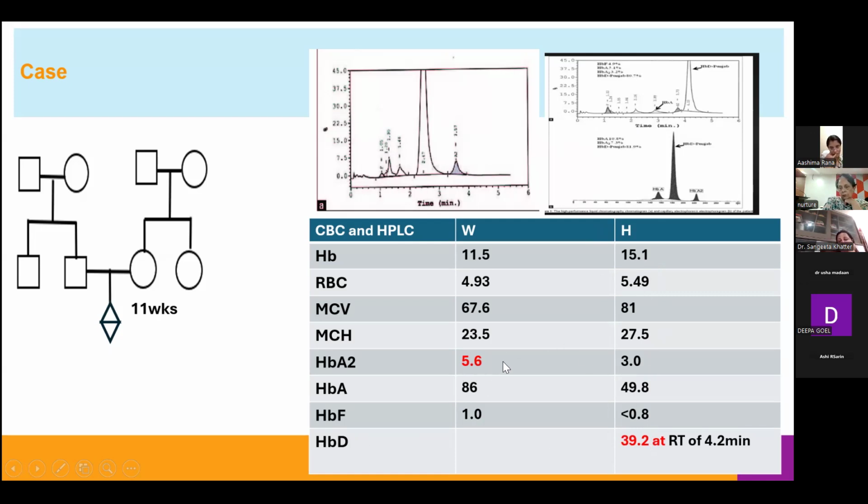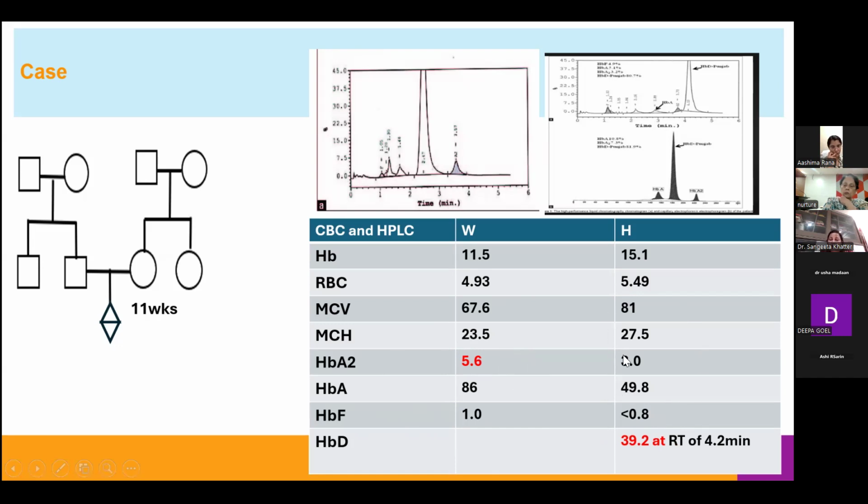Most of the time, I don't rely on each and every lab. Please don't mind, because sometimes labs have different results for HbA2. Some labs will refer the patient as HbD Iran or something like that. So it is my protocol to confirm the status of the husband and wife by doing beta globin gene sequencing.